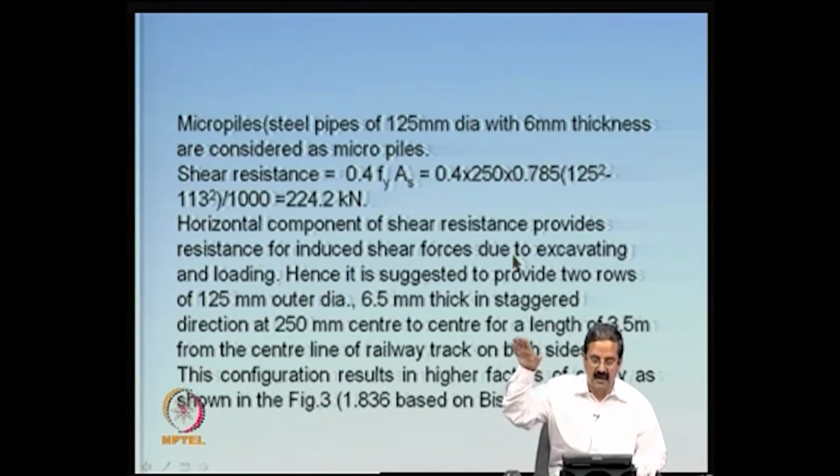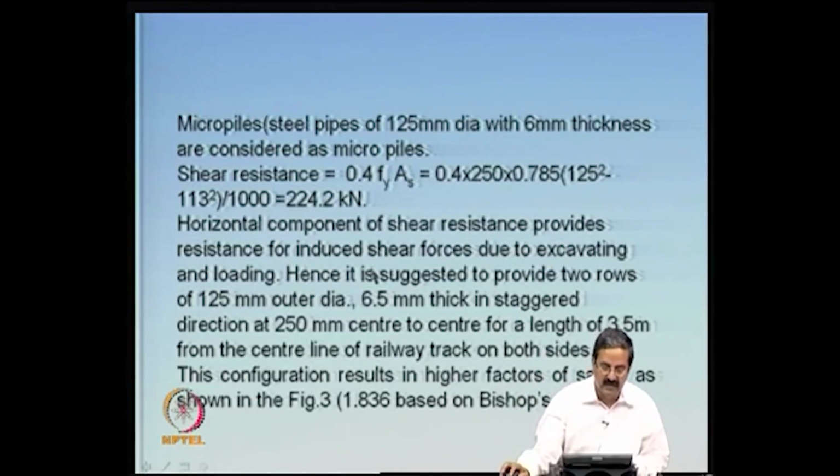The moment you start excavating, there is a tendency to fall, and also there is a load coming from the traffic. So, what I suggested was that you should have 2 rows of micropiles, with the length and diameter known. When I made the calculations, it had a factor of safety of 1.836 compared to 0.2 earlier.